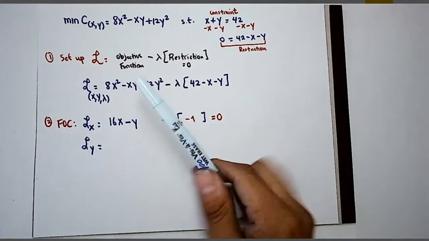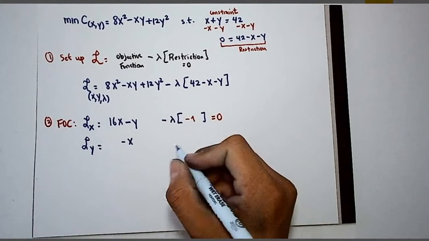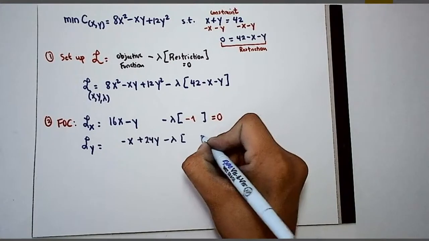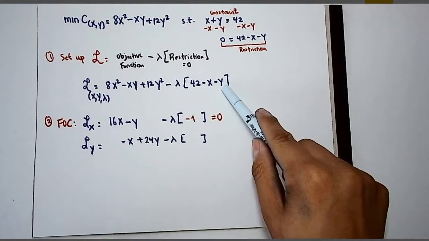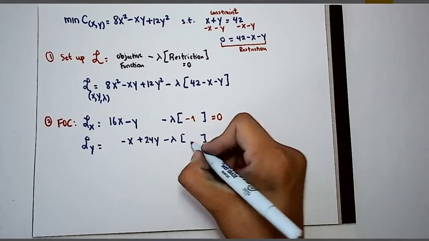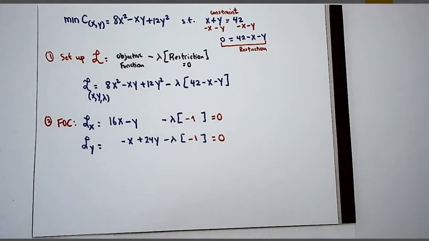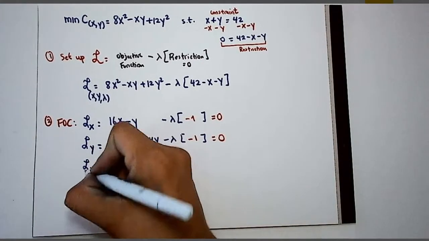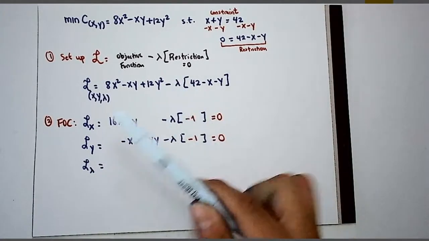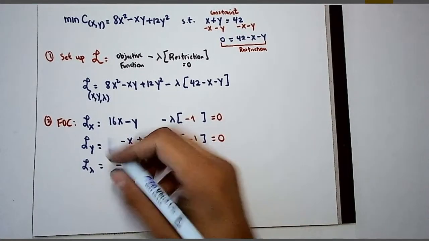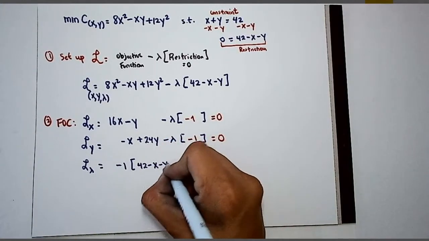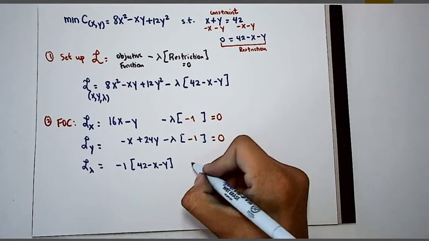With respect to y is minus x plus 24y minus lambda times, here also we have only minus y, so the derivative with respect to y is minus 1. So this is equal to 0. And finally, the derivative of the Lagrange with respect to lambda. Here, the derivative of lambda with respect to lambda is 1. So negative 1 times 42 minus x minus y, and also equals 0.